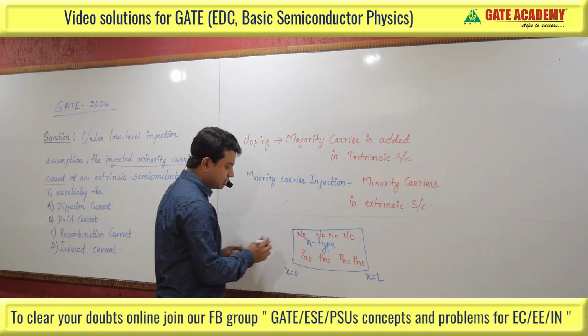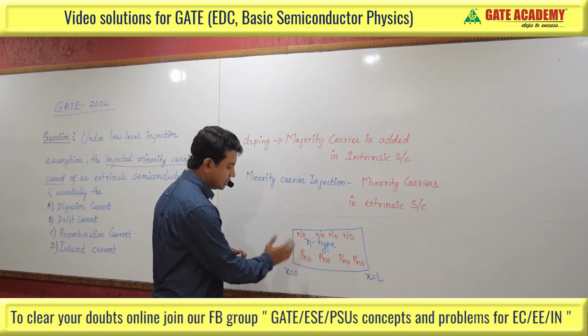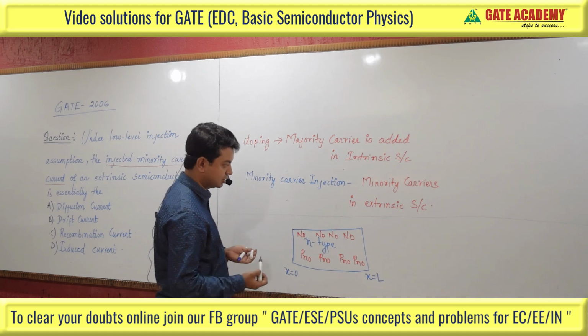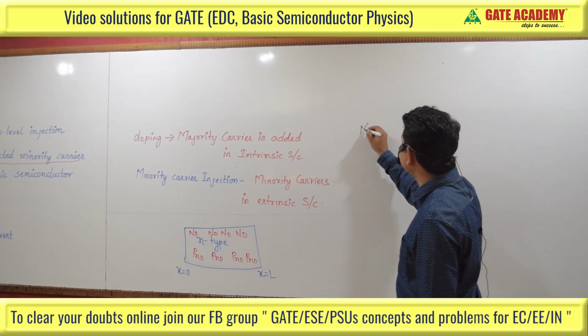So how do we find the concentration of minority charge carrier, and how can we say that it is constant throughout the semiconductor? We can use the mass action law for that.